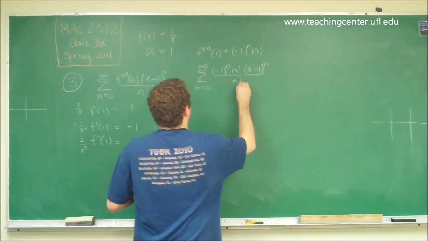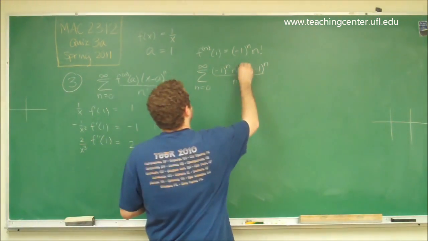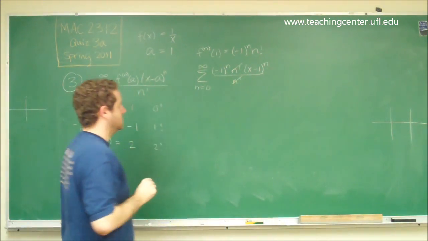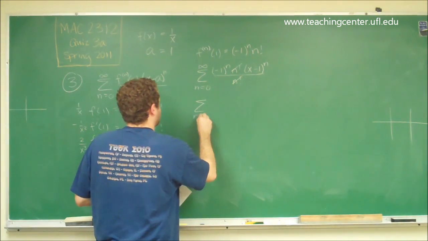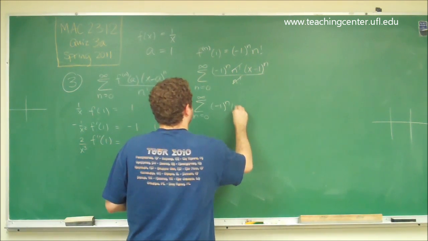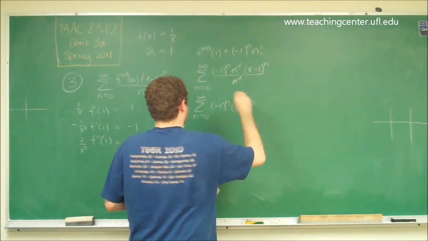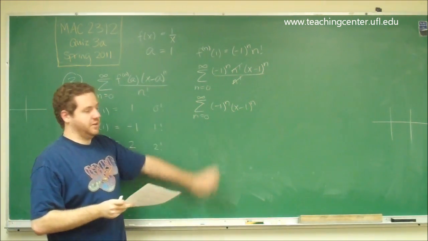And we have n factorial on the bottom. So our n factorials cancel out here, and we just get our series as the sum of negative 1 to the n, x minus 1 to the n. So this is our Taylor series.